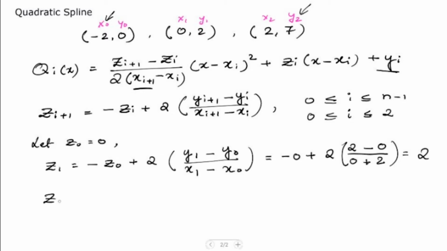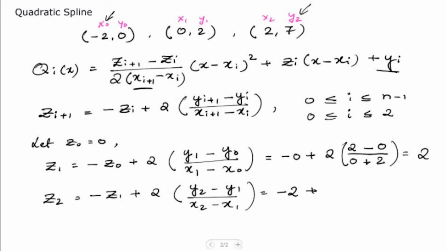Now for z2, you have minus z1 plus 2 times (y2 minus y1) divided by (x2 minus x1). Putting in the values, z1 is 2, so we have minus 2 plus 2 times (y2 is 7 minus y1 is 2) divided by (x2 is 2 minus x1 is 0).